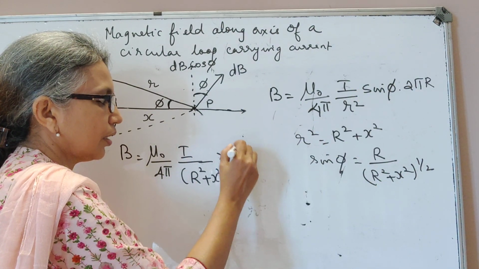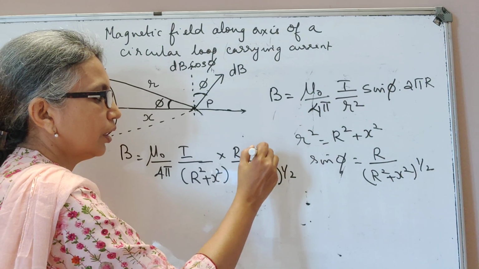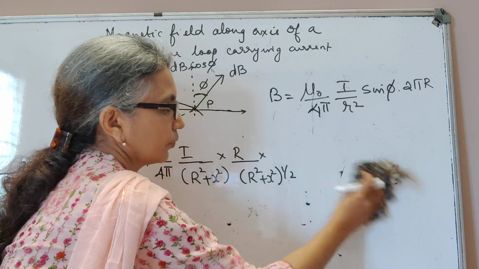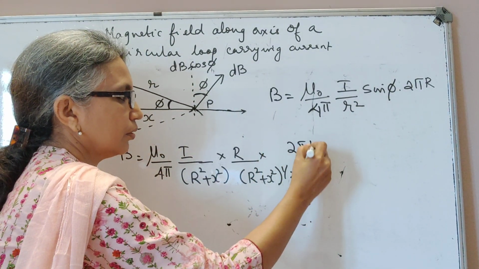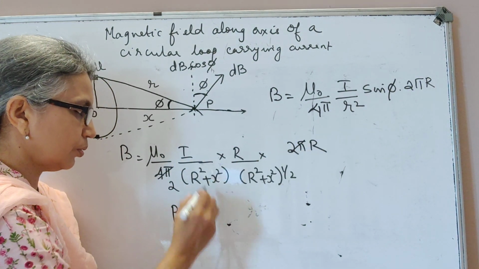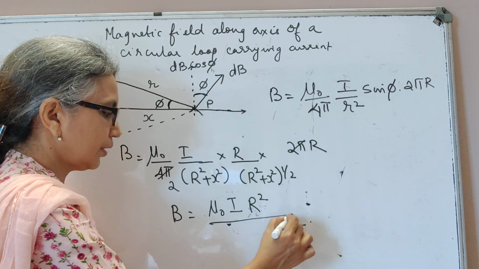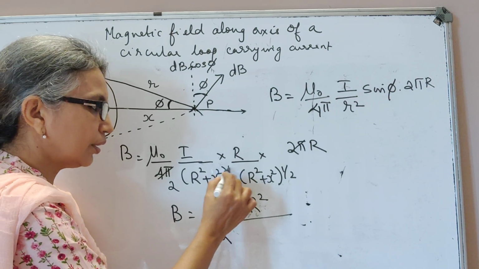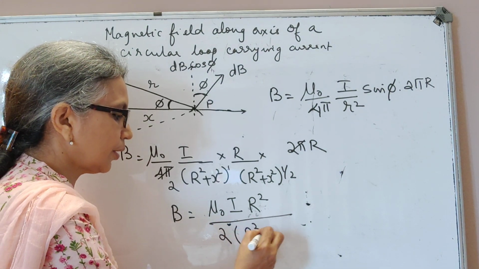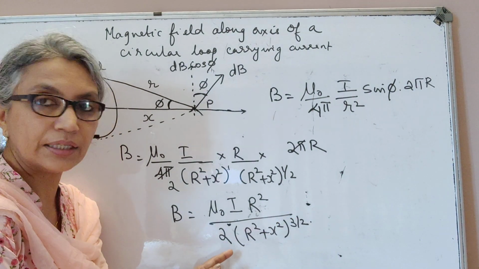Sine phi is this, so this is R by R square plus x square the whole raised to 1 by 2, into this 2 pi R. Okay, so this 4 pi and this 2 pi will cancel to get 2, and I have B equal to, on top I have mu 0 I, R into R is R square, divided by, there is a 2 here, there is a 1 here and a half here, so that will be 1 and a half, which is 3 by 2. So we have 2 into R square plus x square the whole raised to 3 by 2.